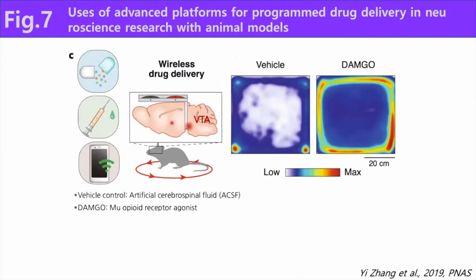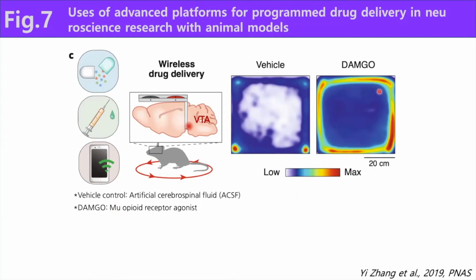Next is wireless drug delivery, which is a fully wireless and tether-free system. Previous studies showed that unilateral opioid stimulation at VTA causes an increase in locomotor behavior. They delivered either artificial cerebrospinal fluid as a vehicle control or the mu opioid receptor agonist DAMGO into mice wirelessly.